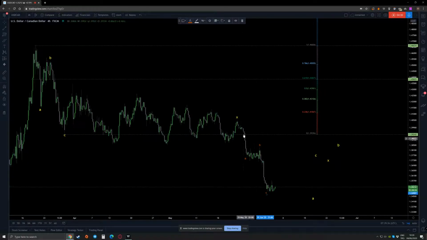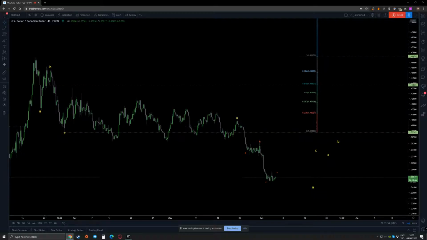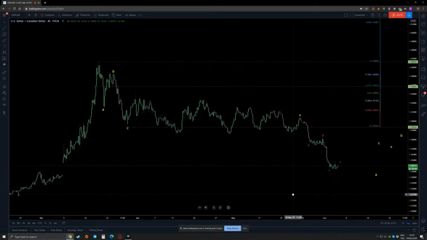Now you will see that this is a zigzag pattern, of course. I don't have to draw this fib and that kind of thing. After this, we will have an X wave, it looks like, because this time already passed. After this zigzag, after this X wave, the price can do many things.